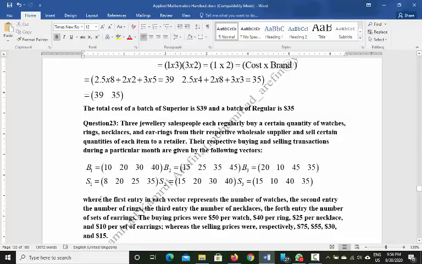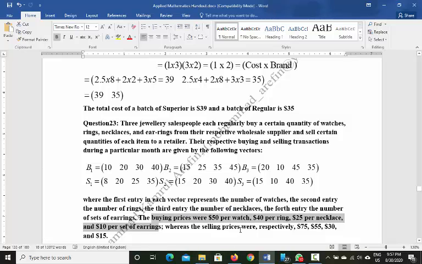So the first entry in each vector represents the number of watches, the second entry the number of rings, the third entry the number of necklaces, and the fourth entry the number of sets of earrings, that we have already discussed. The buying prices were $50 per watch, $40 per ring, $25 per necklace, and $10 per set of earrings.